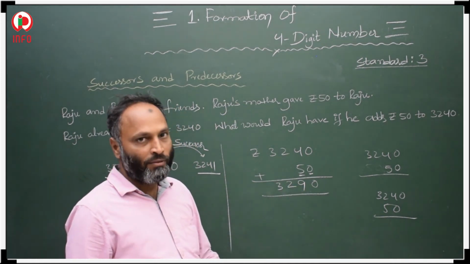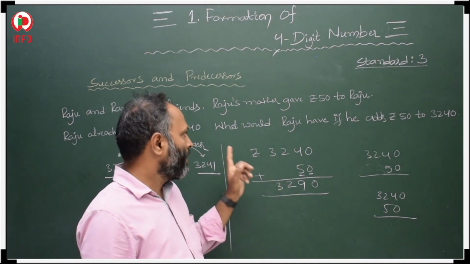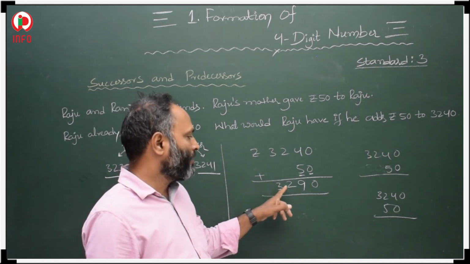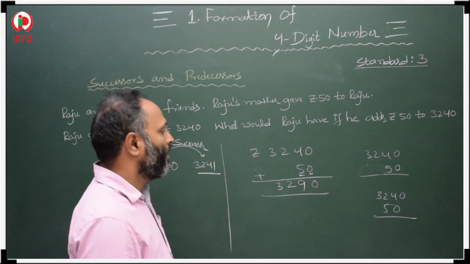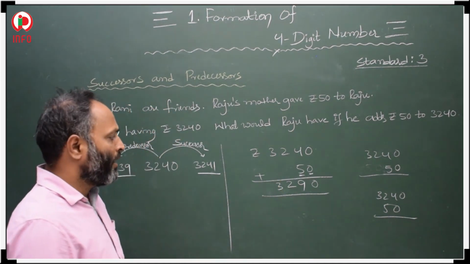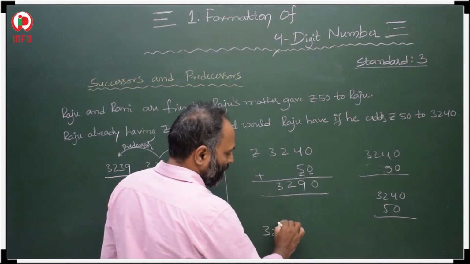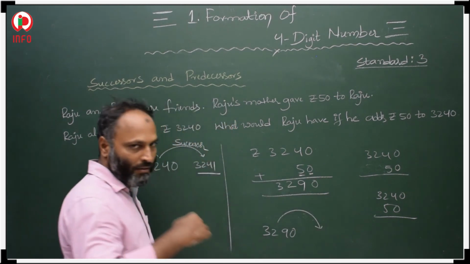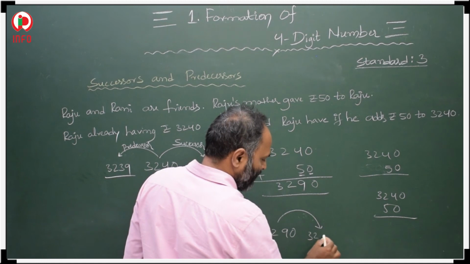So the sum is 3,290. After adding 50 rupees, Raju has 3,290 rupees with him. This is the total amount. Now, if I ask what is the successor of 3,290, successor means we have to add 1, so that is 3,291.